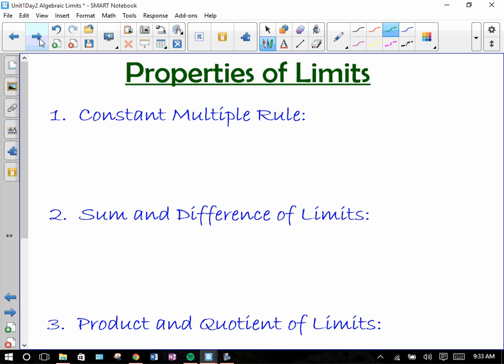Okay. So the first one is called the constant multiple rule.